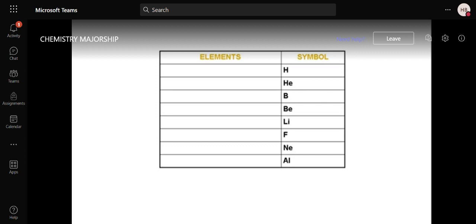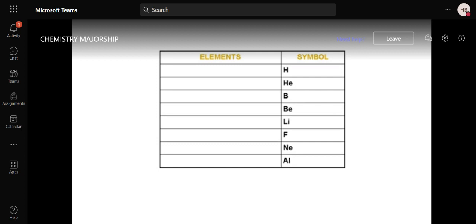Kaya kung mapapansin nyo, may mga iba, bakit sabi mo sodium, ang symbol niya Na? Di ba dapat SO or S kasi ang sulfur, o SO ang sodium? Hindi po. Ayan. Na because of its ancient name. So anyways, let's proceed. Please answer, even if I cannot hear you or cannot see your answers.